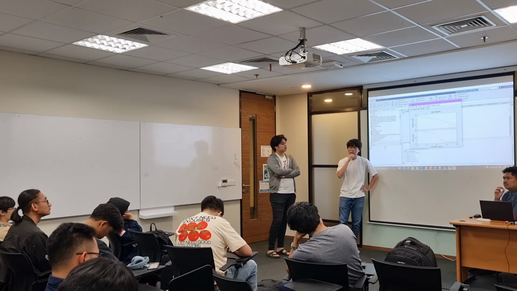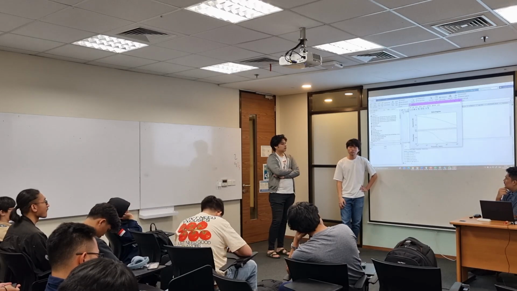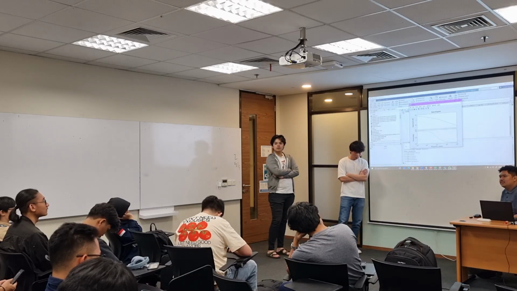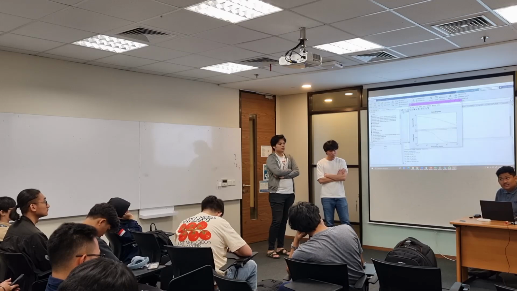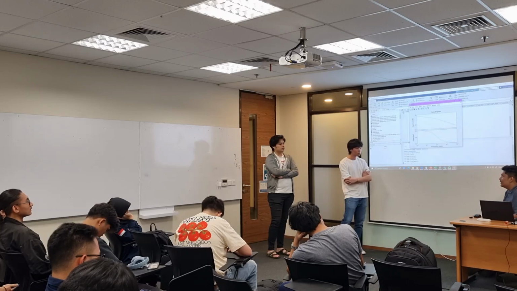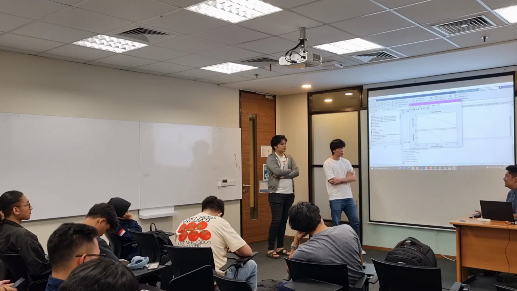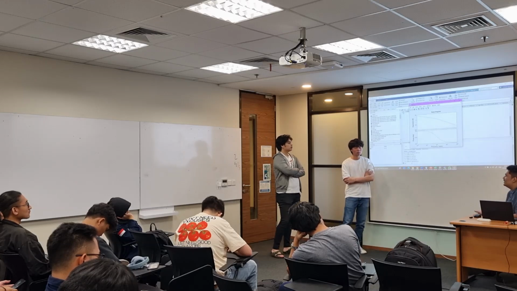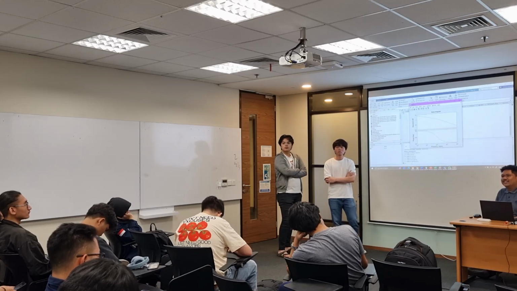No, it's impossible, sir, because the formula is 0 minus the margin minus 180. The phase margin can be infinite, but gain margin cannot be infinite. It's either 0 or not, sir.